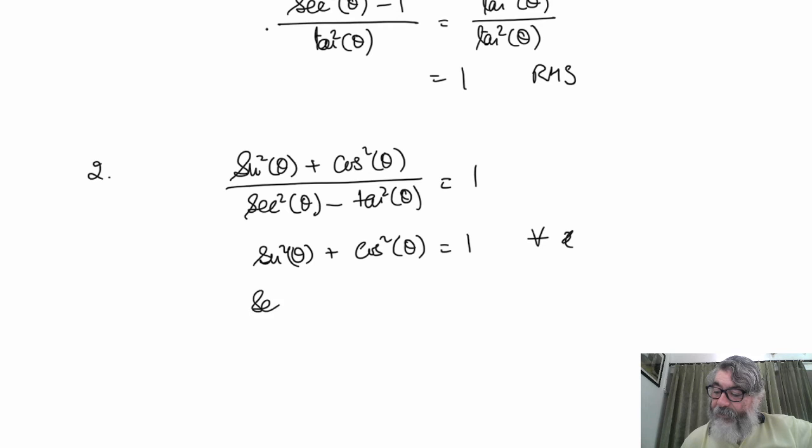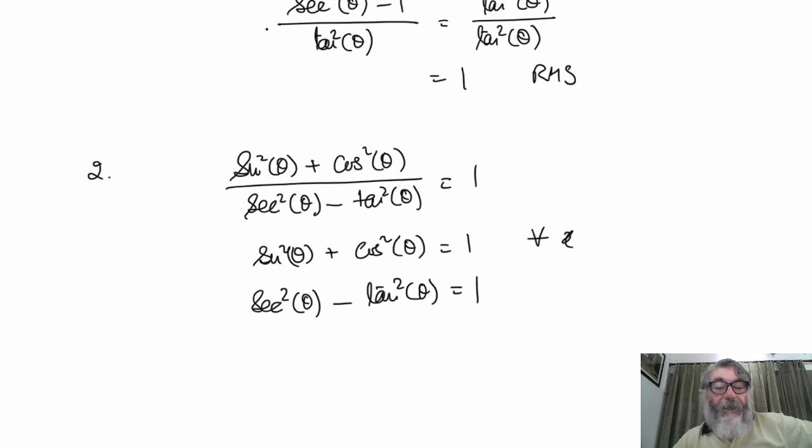But sec square theta minus tan square theta is 1 for certain values. Sec is 1 upon cos, tan is sine upon cos. Where cos is 0, it is not going to be defined. So it is true for all except theta not equal to 2n plus 1 pi by 2.